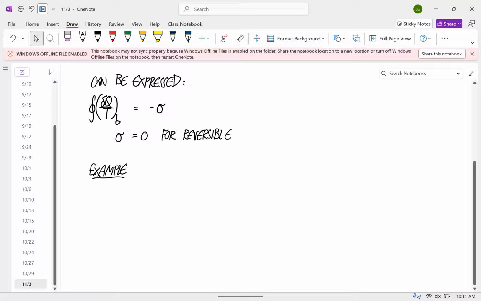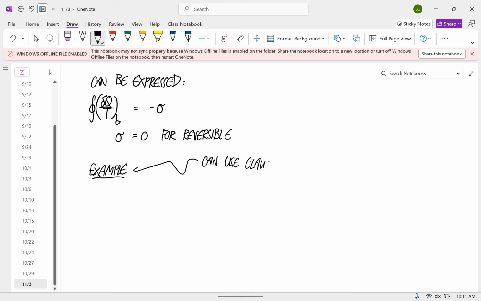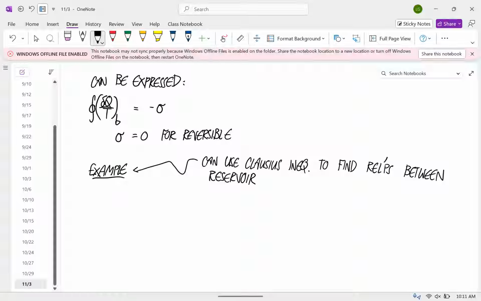Okay, before I do this, I want to point out that you can use the Clausius inequality to find the relationships between reservoir temperatures of reversible and irreversible cycles.